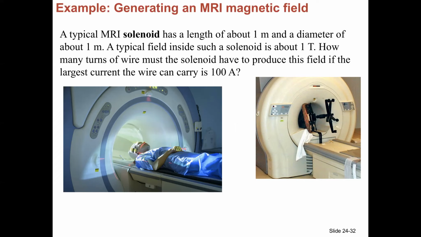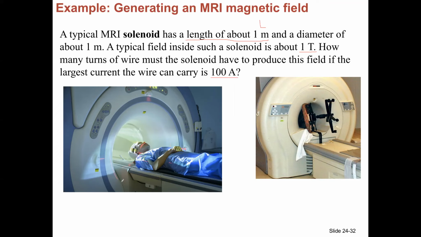Here we have a very long extended coil in space. They're telling us that the MRI is modeled as a solenoid, so we're going to use the long coil formula. We have a few numbers here. The magnetic field should be about 1 Tesla. The length of the solenoid L is 1 meter. We're also given the diameter, but we're not going to need that.